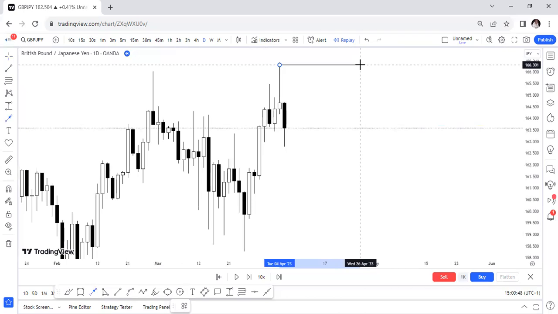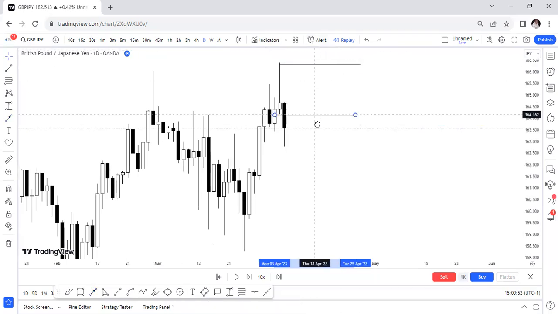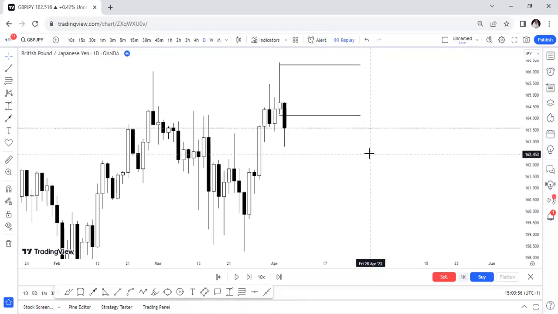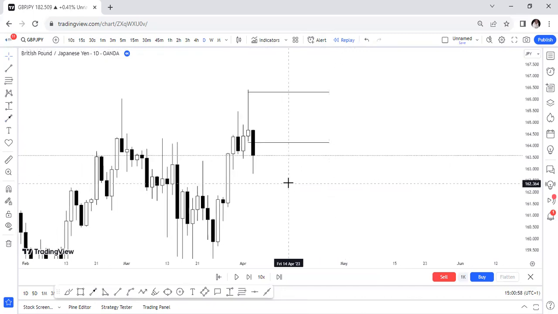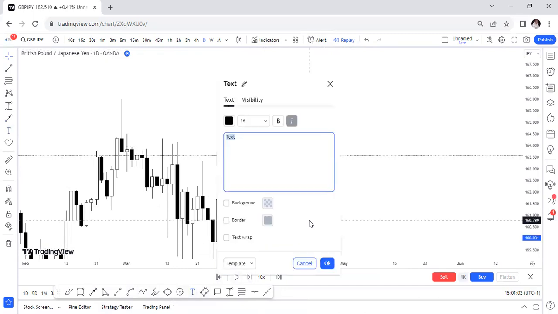So you have to be very careful the way you mark your zone, so it won't be too large for your setup. It's a failed one, right? Then what do you want to do now? We do the engulfing zone.